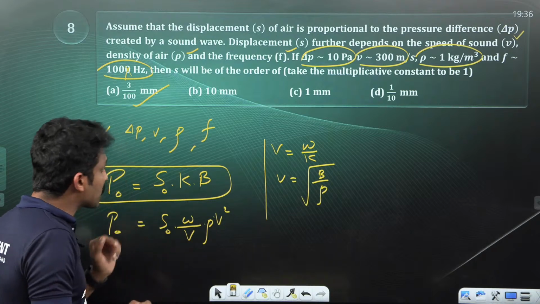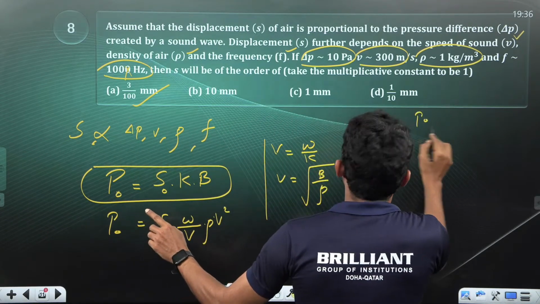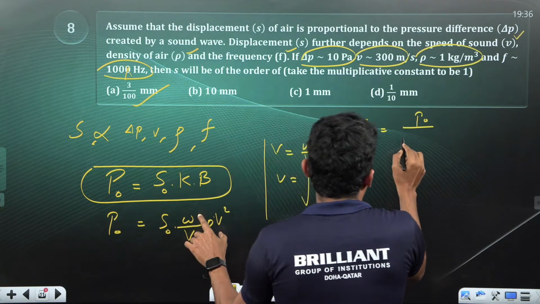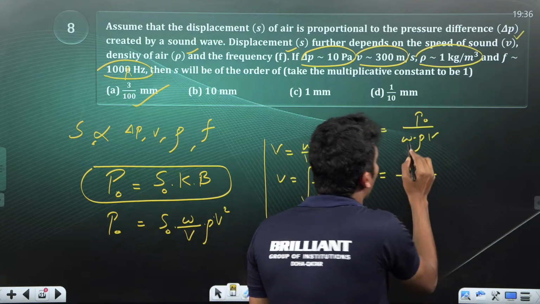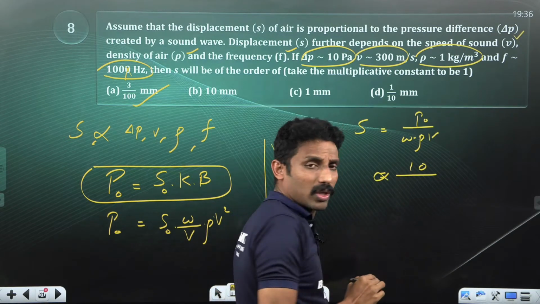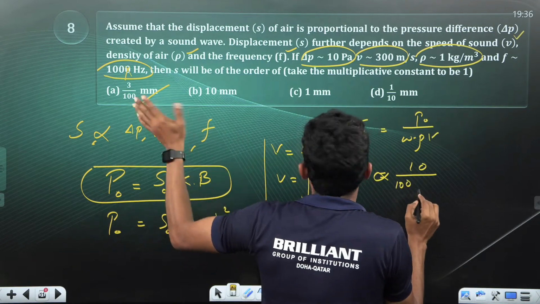Clear? Now S is equal to p naught divided by, this one v is cancelled here, then omega into rho v. Putting the value here 10, omega is 2 pi f. 2 pi taken as constant, then f is here, frequency I am putting here 100, not 1000.